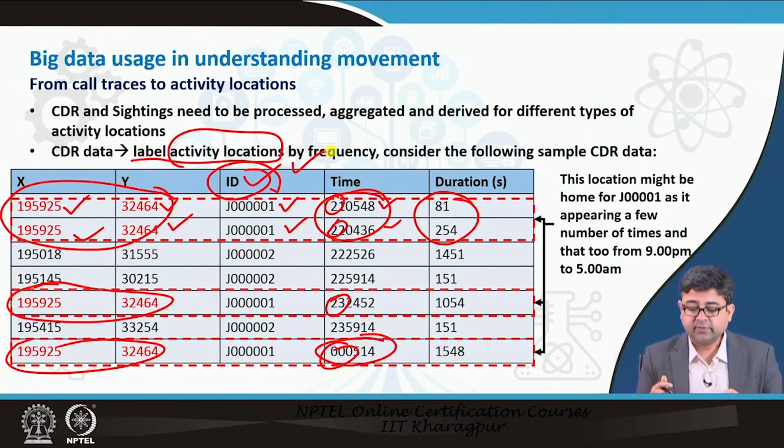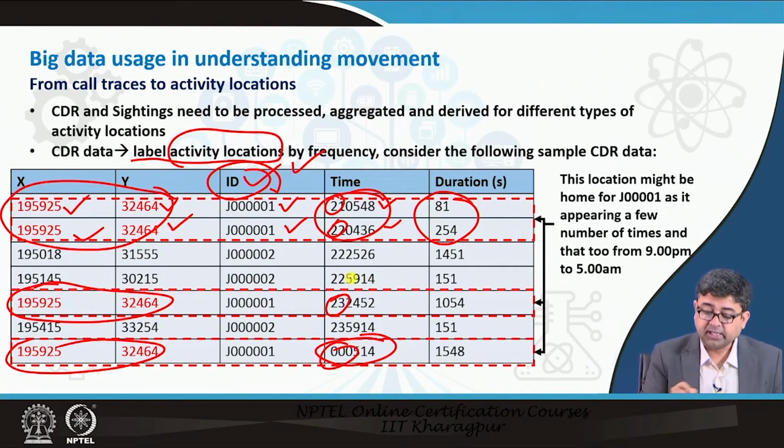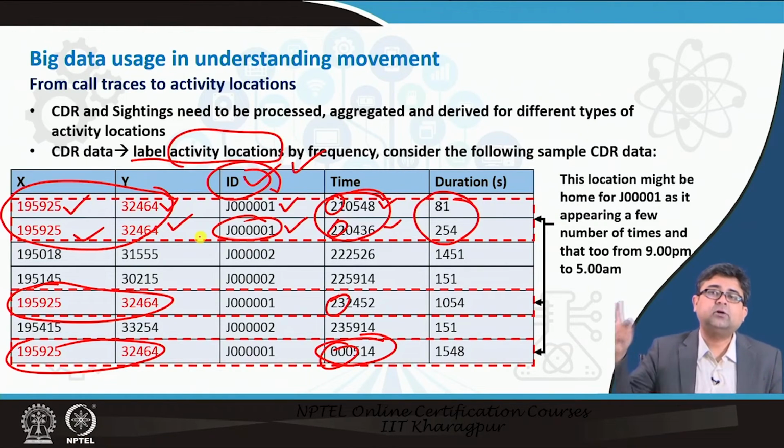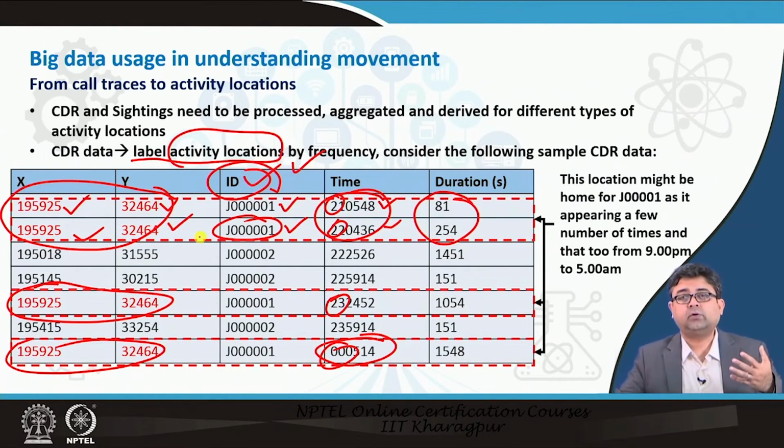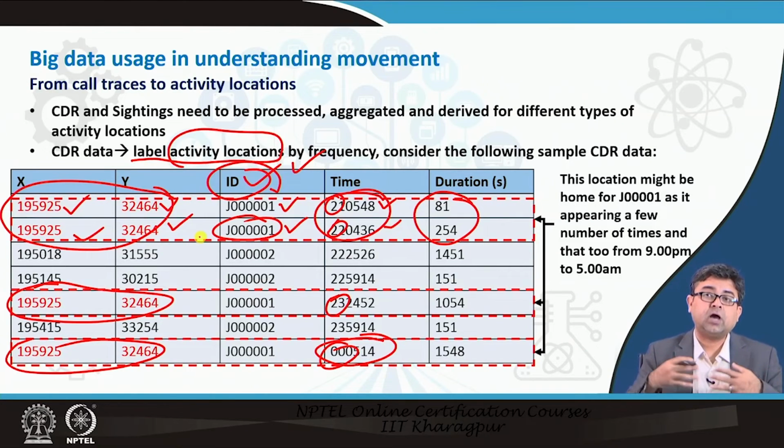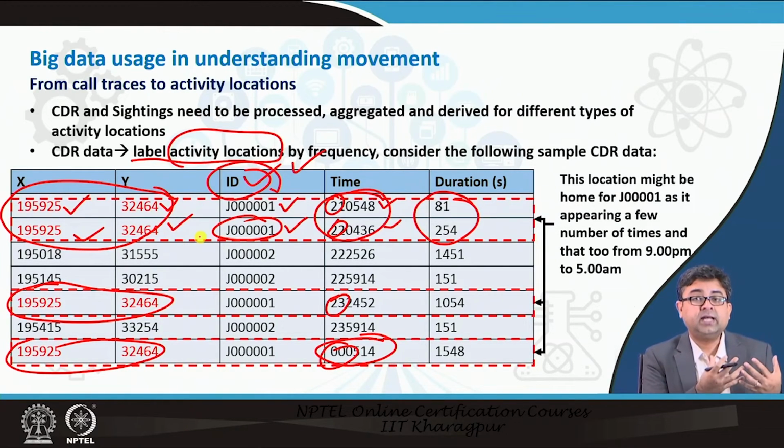Similarly, if you have data during the day times, you can figure out during the day times J0001 is making different calls from a different XY location, maybe that location during the daytime could be his work location. So, you see, now you have information as a transportation engineer or a traffic planner. Now you have information about the origin and destination of your different users based on just cell phone calling data records, right.